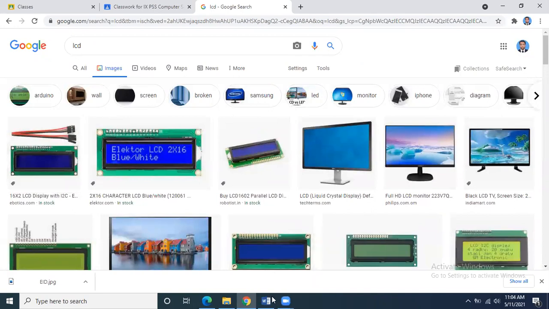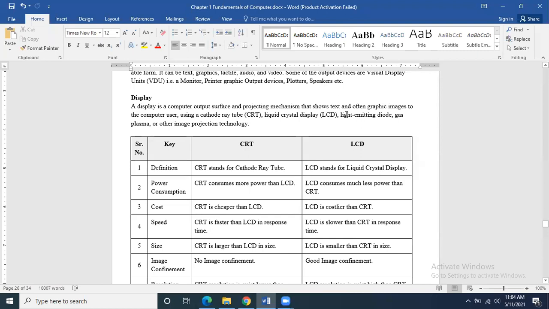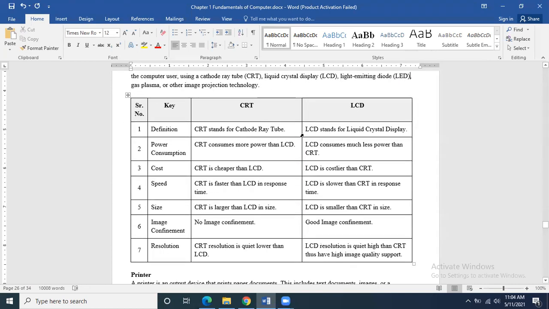So this is the advantage of LCDs. LCD stands for liquid crystal display. Besides LCDs, there are light emitting diodes, LEDs as well, which are also available. This is a comparatively different technology.